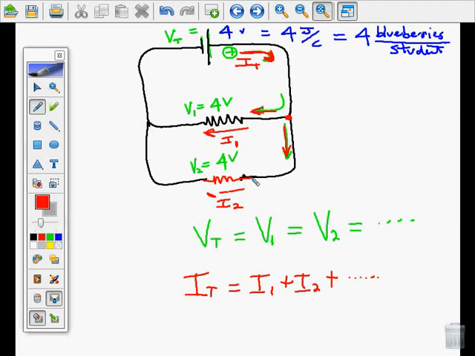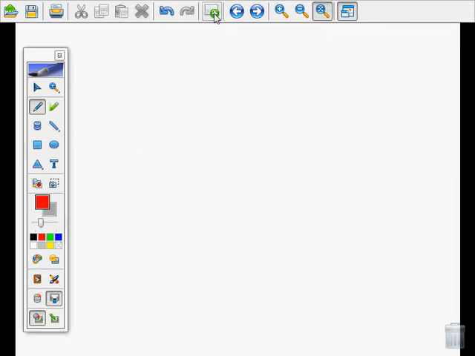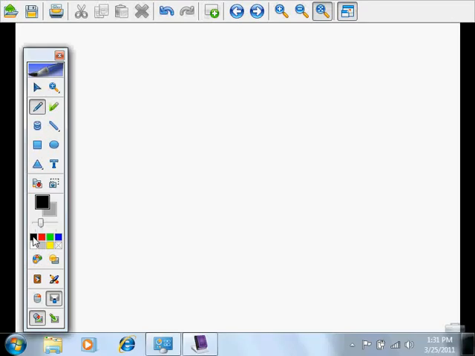Now, the last thing we have to talk about is the resistance. And it's kind of bizarre with a parallel circuit. So before we just state the formula, let me go back to series circuits from yesterday.